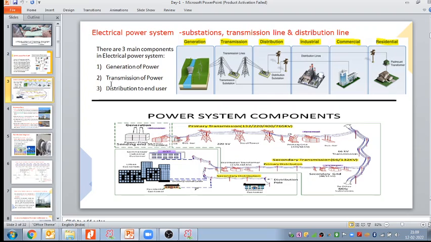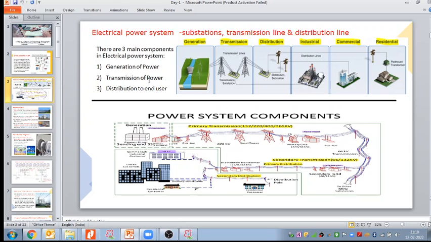So the second main component in the power system is the transmission of power, and thereafter we need to distribute the generated or transmitted power to the different end users or consumers. So this electrical power system has three main components: generation, transmission, and distribution.